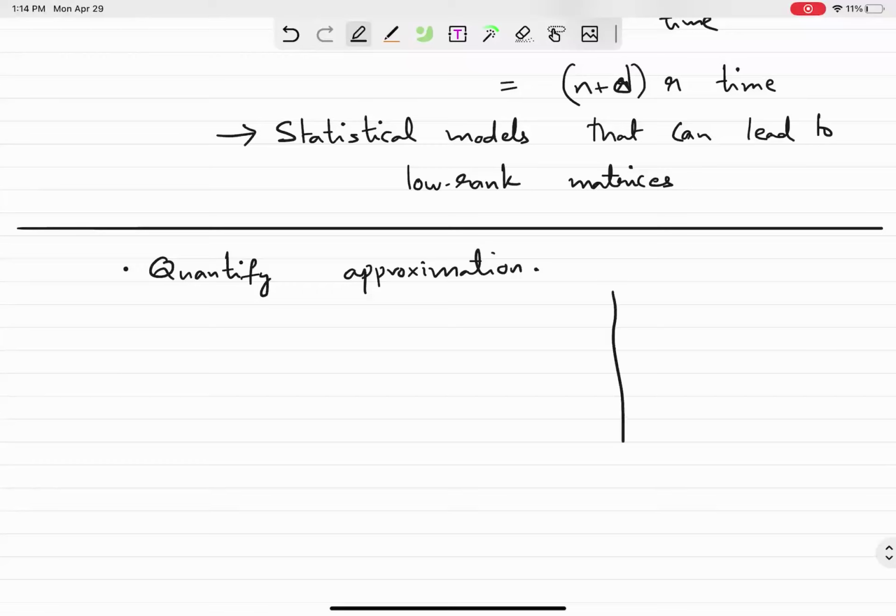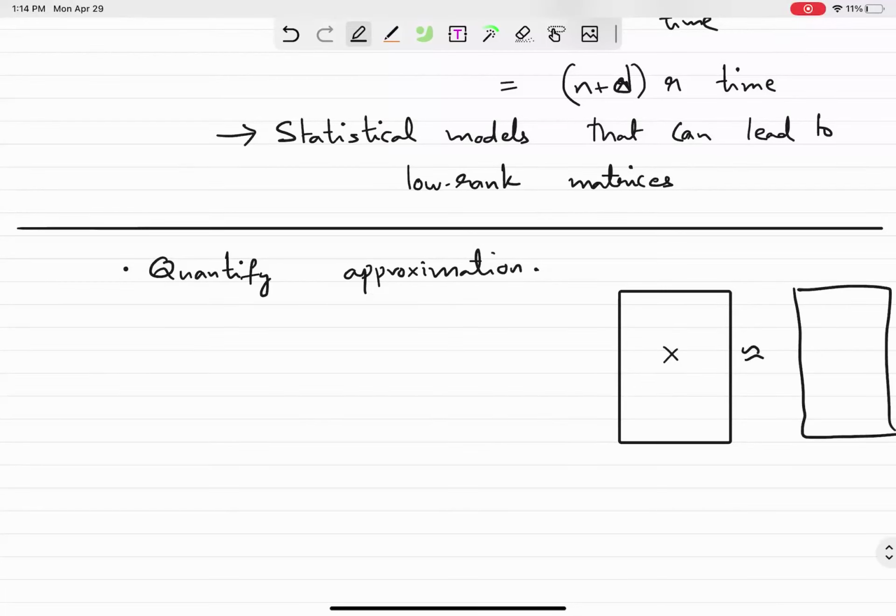Okay, so we have this matrix X. We want to approximate it with this lower rank matrix. The final dimensions of both matrices are the same, but the other one comes with a better, more compact, compressed representation.